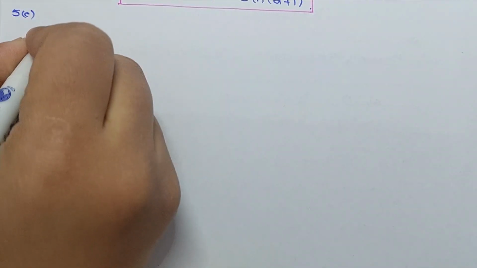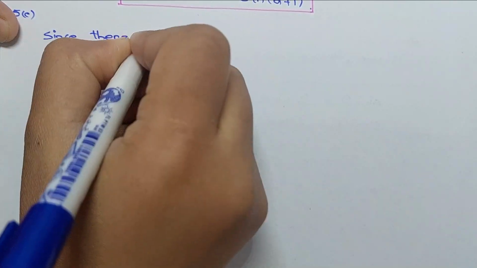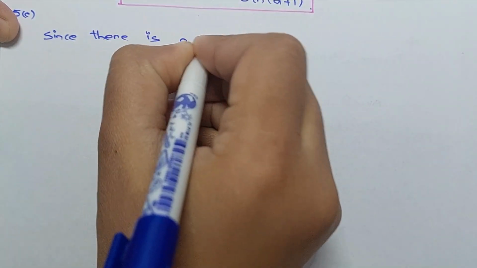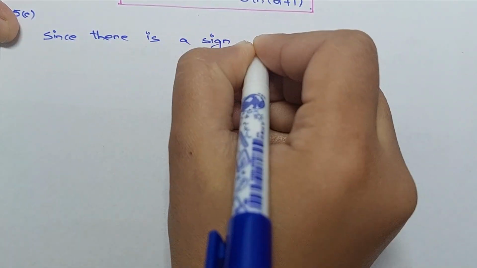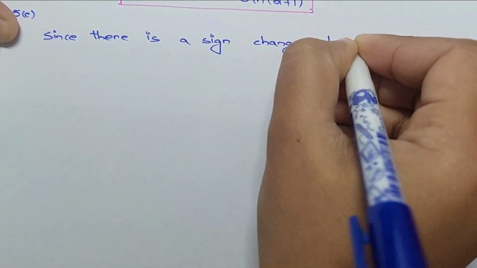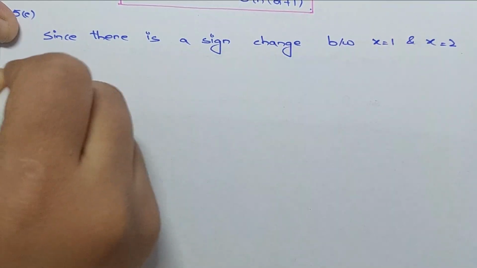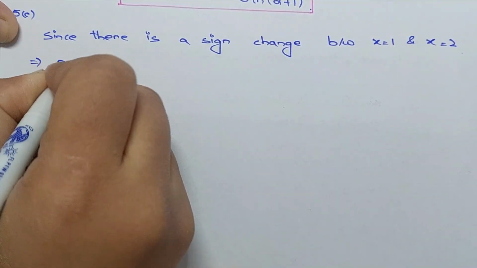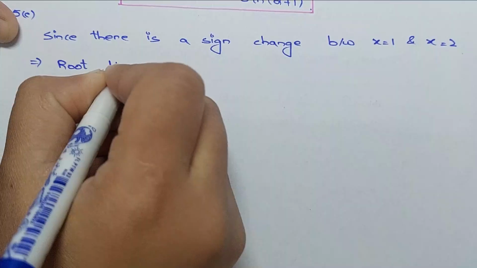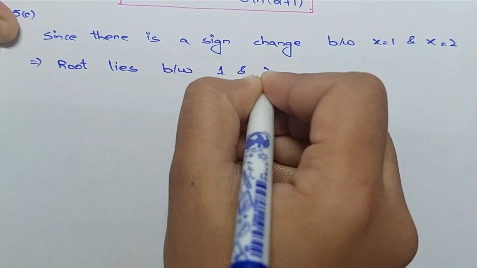Now here we can say, since there is a sign change between x equals 1 and x equals 2, this implies the root lies between 1 and 2.